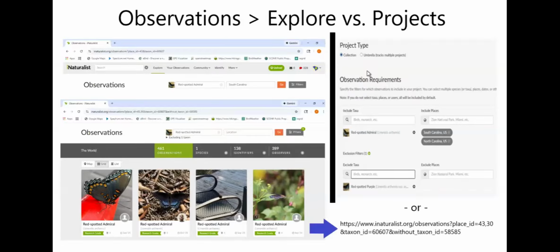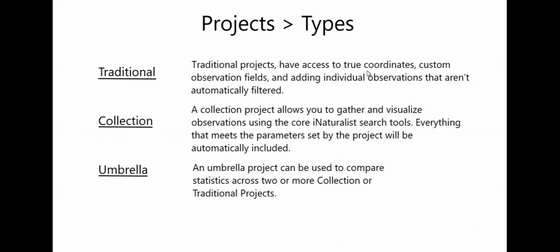So I've got a collection project with my username, and if I wanted to know what red-spotted animals are in North Carolina, South Carolina, but exclude the red-spotted purples, I can do that very easily. Or I can do it in Explorer by editing the actual URL. And like I said, it might not hurt to take a look at that slide in detail and try it.